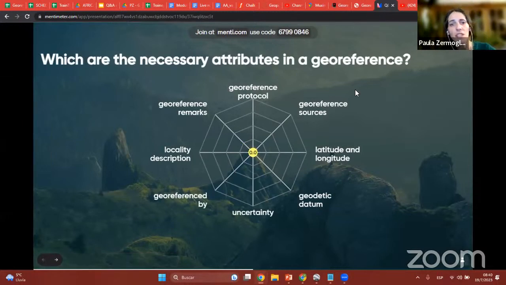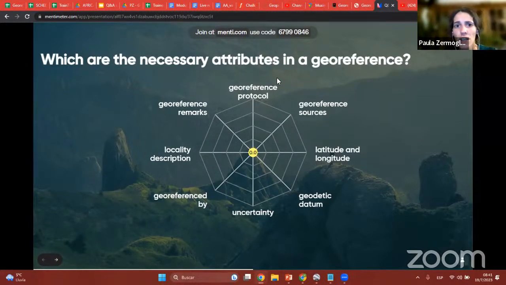Okay. So our first question today is, which are the necessary attributes in a georeference? That is, when we provide a georeference, which are the things that we need to report? You can grade each of these attributes from not indispensable to absolutely indispensable, and you have grades in the middle if you consider that it is needed but not indispensable.